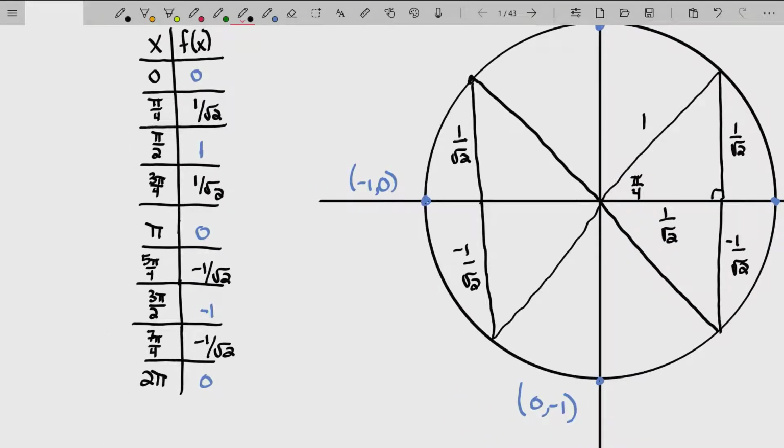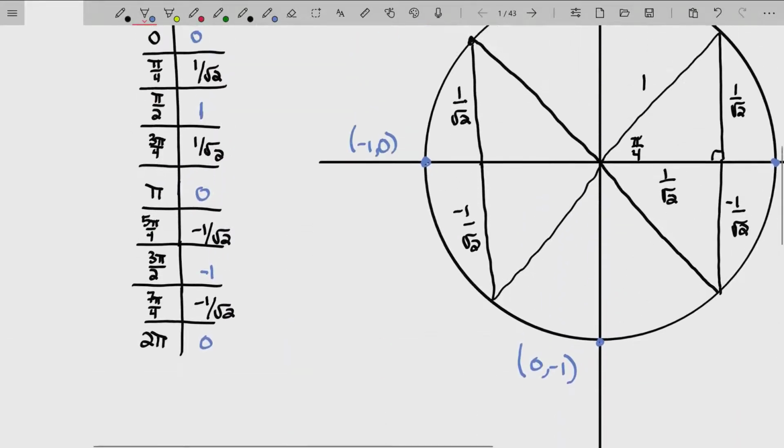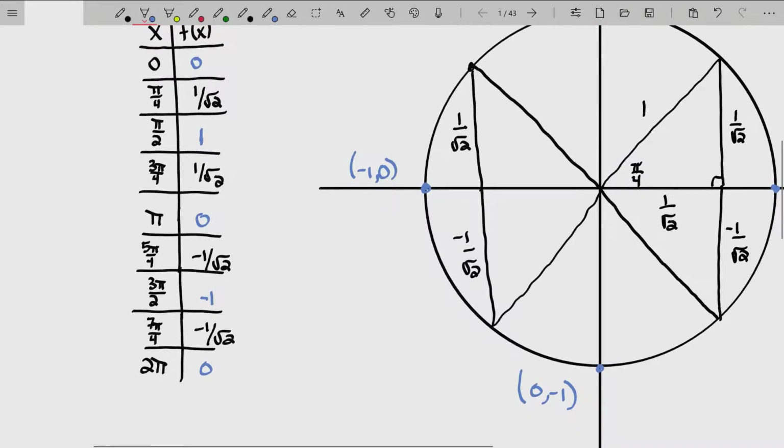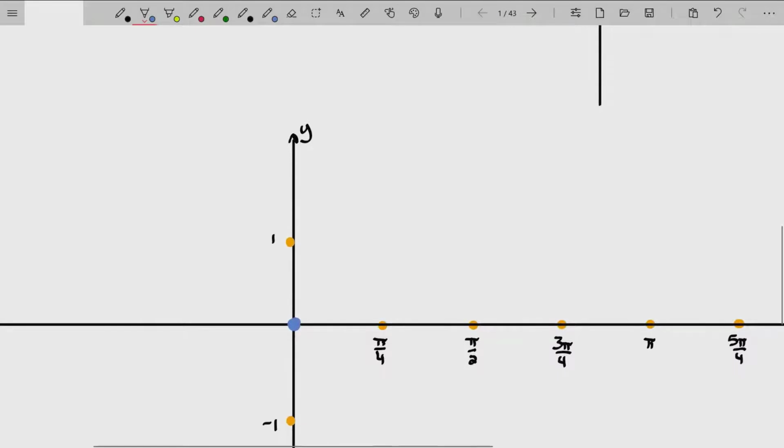So let's see, I'll use a different color for graphing, maybe blue. All right, let's go ahead and plot 0, 0. So I'll go down here and plot 0, 0. And let's see, pi over 4, comma 1 over root 2. Now 1 over root 2, you'd need a calculator to know exactly where that is, but it's roughly 7/10.